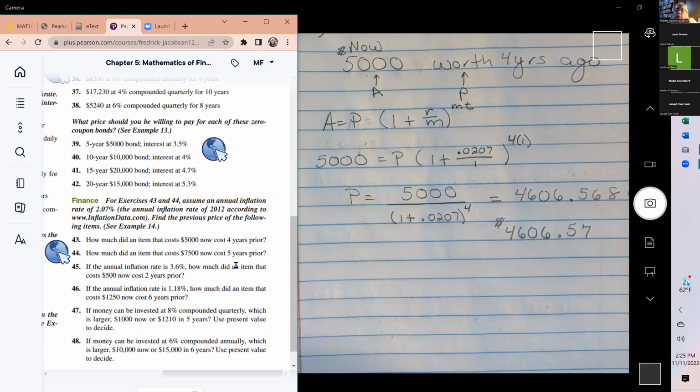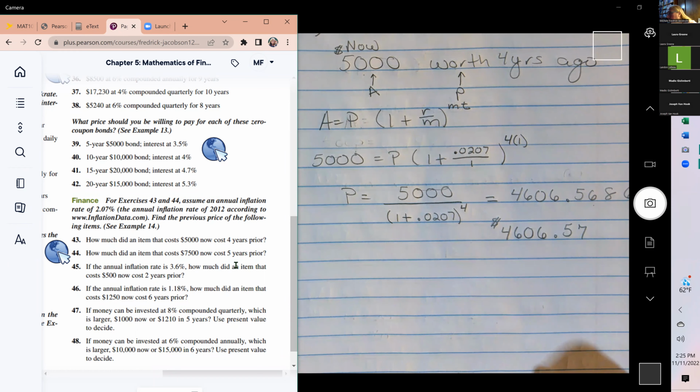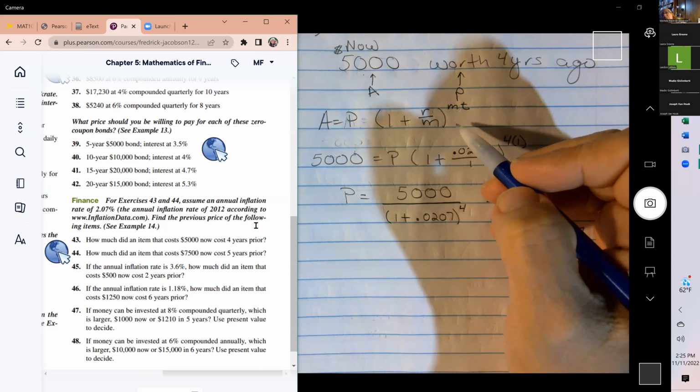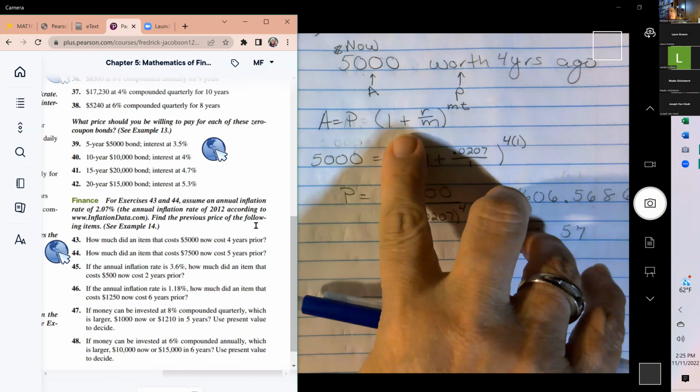So if we're talking about inflation, or unless it says otherwise, are we always going to use the compound interest formula? If it says compounded amount, and this one was an annual inflation, so inflation is a compounded amount. Okay. So if it's inflation or says compounding amount, then you would use this, either case.